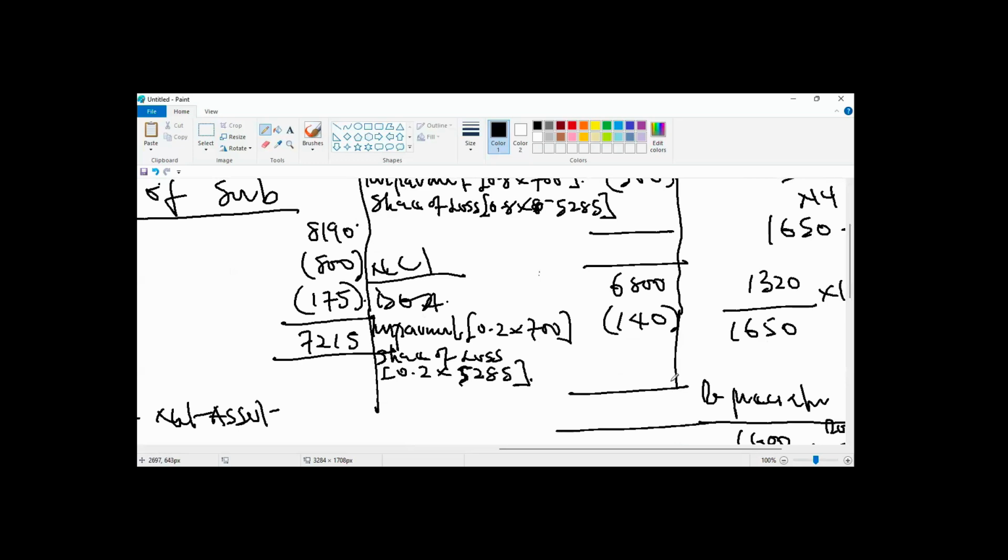Is 0.8 times 5285, 4228. Then 1057 loss for NCI. So with this, I can now consolidate.